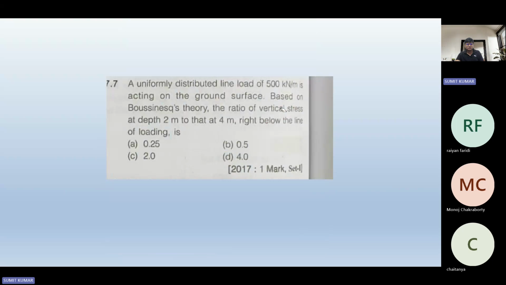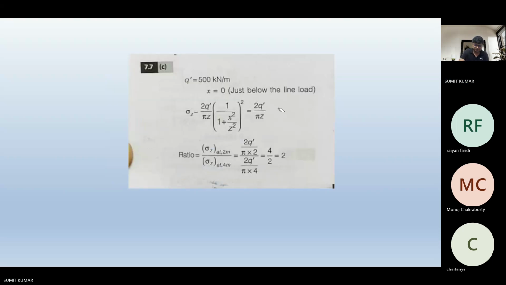Now we came to the last problem of the day, in which it is asked that a uniformly distributed line load of 500 kilonewton is acting on the ground surface. Based on the Boussinesq theory, the vertical stress at depth 2 meter to 4 meter. So 16 by 4, it is going to be 4. Option D is the correct answer, as I recall.